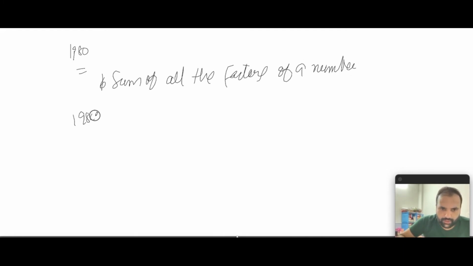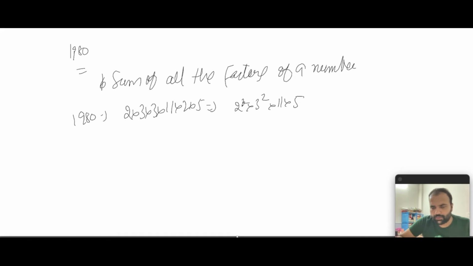So for 1980, we got 2 into 3 into 3 into 11 into 2 into 5, that is 2 square into 3 square into 11 into 5. We know how to define the product of all the factors. Now we're trying to do the sum of all the factors. So we have learned this previously as well.